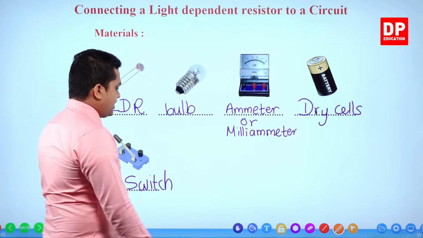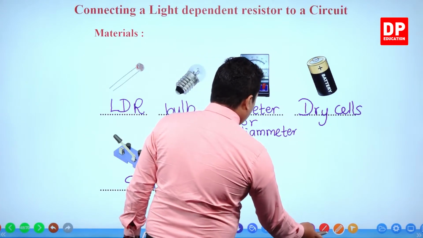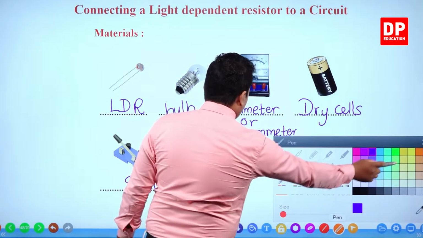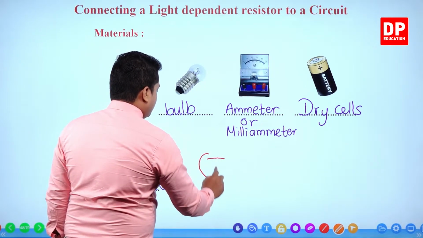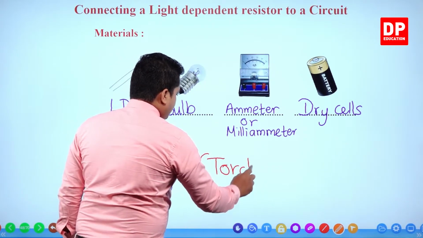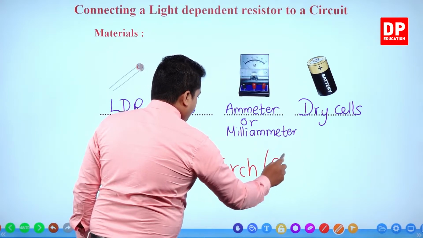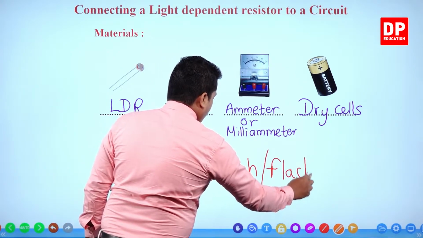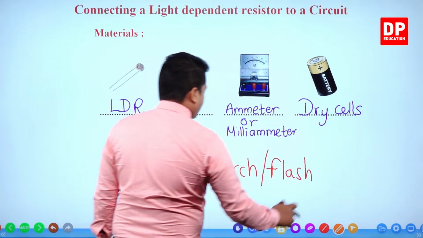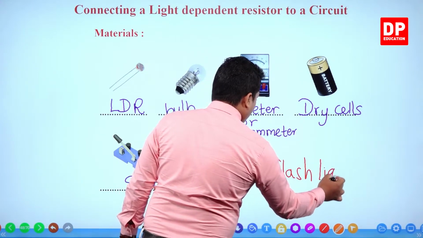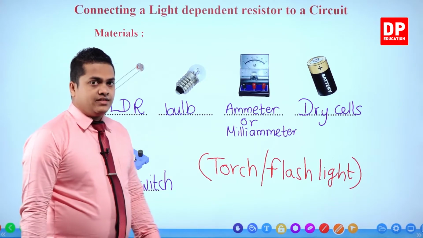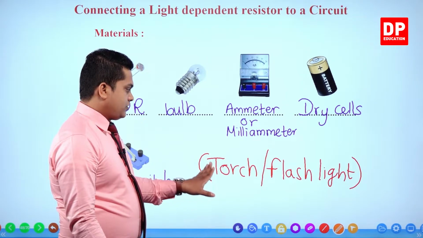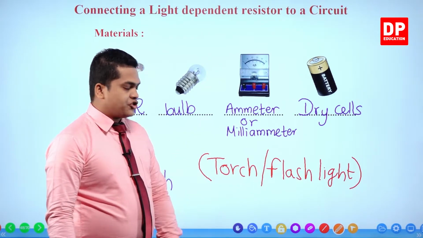And my dear children, I'll mention this one, but still it's not that important, okay? If you are in a place where you can get a good amount of light, you will not be needing this thing. Which one? A torch or else a flashlight.